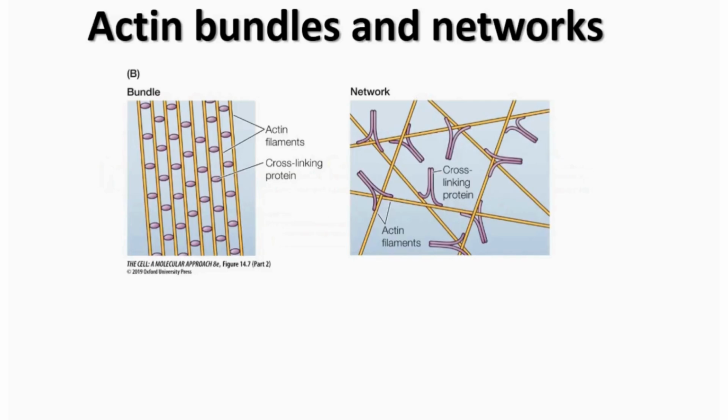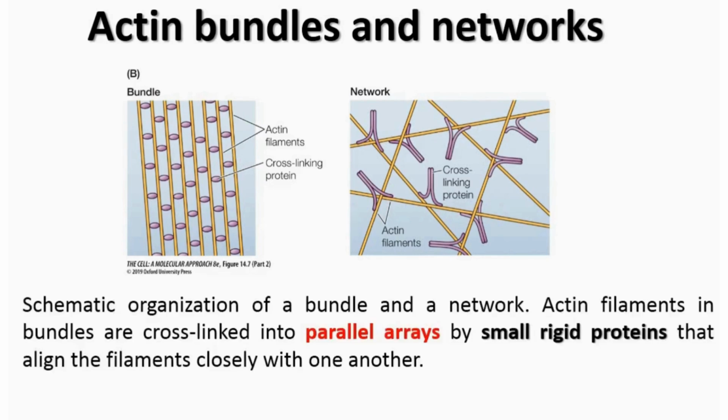Let's understand the organization of actin filaments. Basically, the actin filaments are organized into two basic networks. One, of course, is a bundle, and the other is the orthogonal filaments. In the actin bundles, as you can see in the figure, you have several parallel arrays joined by small rigid proteins, and these small rigid proteins align the filaments closely with one another.